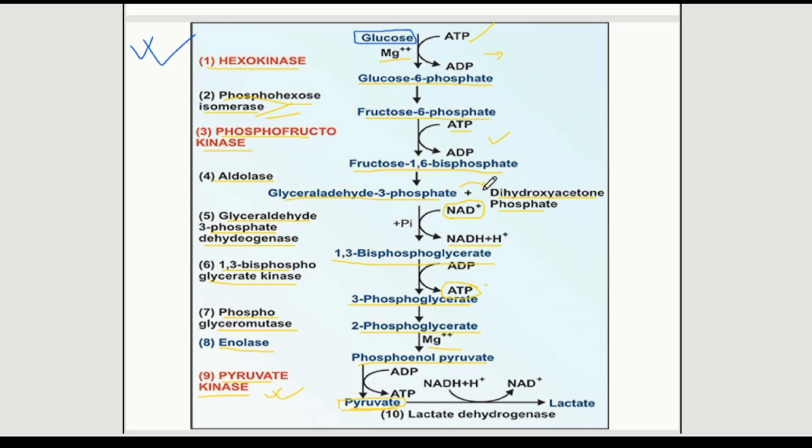It's a reversible pathway: dihydroxyacetone phosphate can again convert into glyceraldehyde 3-phosphate, and that glyceraldehyde 3-phosphate again converts into pyruvate. So from one molecule of glucose we are getting 2 pyruvate.